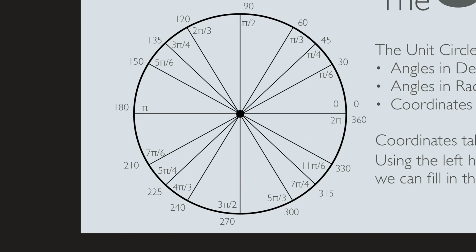So already, if you know where to start, which is on the positive x-axis right here at 0, you can give me all the angles if you remember 30, 15, 15, 30, and just repeat it until you get to 360. You'll have all the angles done, all right? So one of three, check.